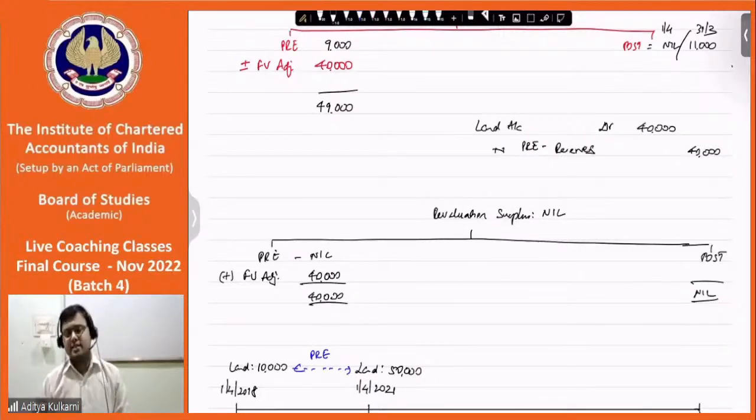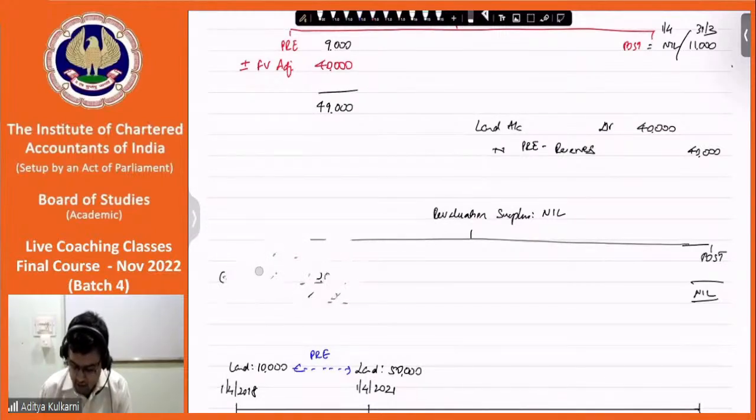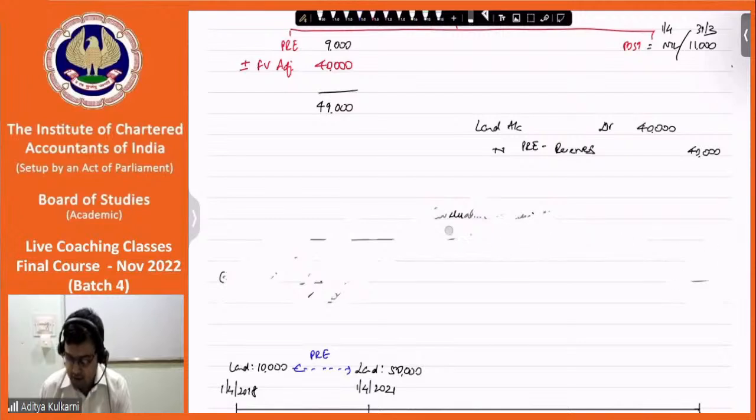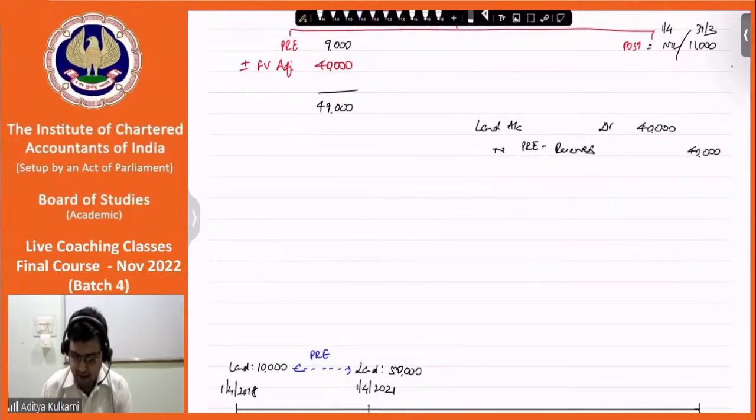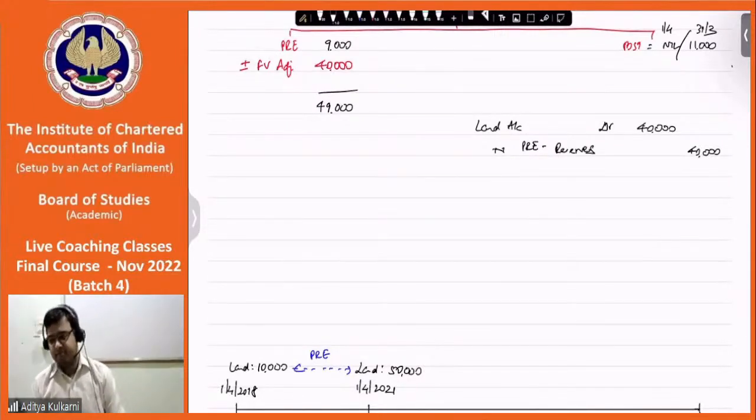Just one adjustment in the pre-acquisition reserves will take care of the entire mistake that was committed earlier, which resulted in creation of goodwill, which was not even there in the first place. So that error is successfully mitigated.